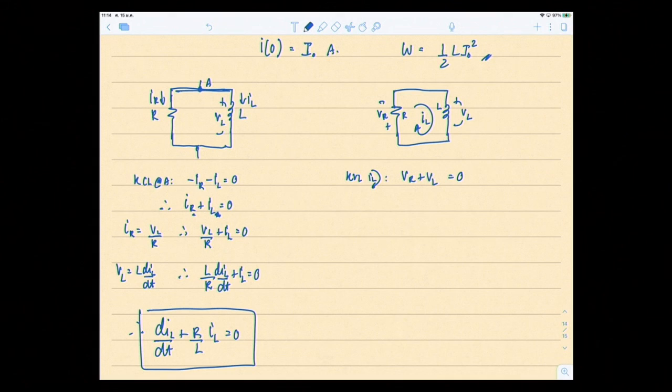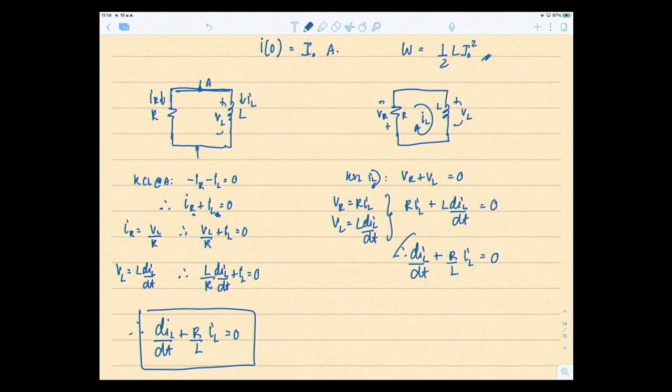VR is R times IL, and VL is L dIL/dt. So R IL plus L dIL/dt equal to 0, therefore dIL/dt plus R over L times IL equal to 0. Ta-da.